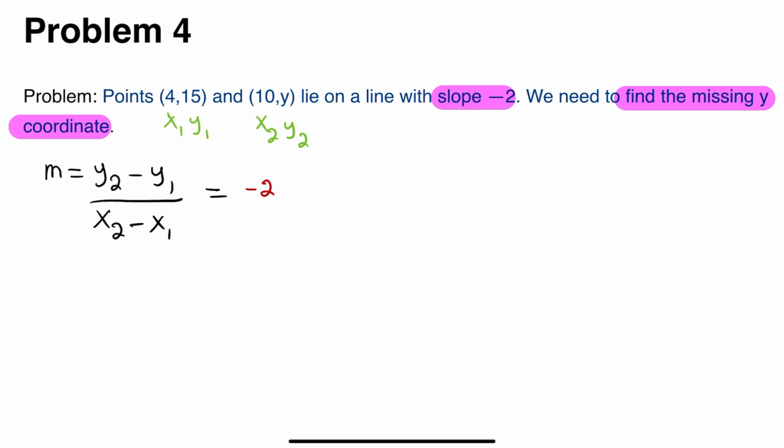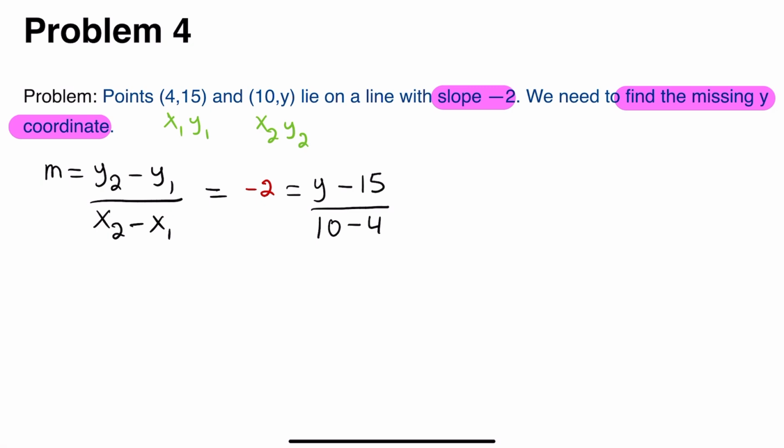We have -2 equals y sub 2, which is represented by y, minus y sub 1, which is 15, over x sub 2, which is 10, minus x sub 1, which is 4. Let's move on to our next step.